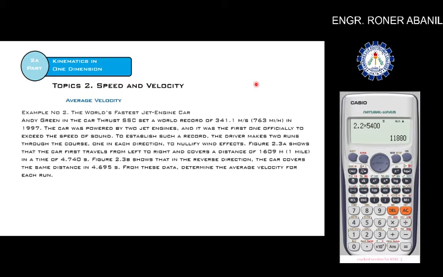The car was powered by two jet engines. And it was the first one officially to exceed the speed of sound. To establish such a record, the driver makes two runs through the course, one in each direction, to nullify wind effects. Okay?